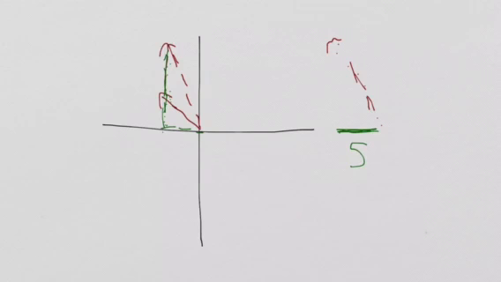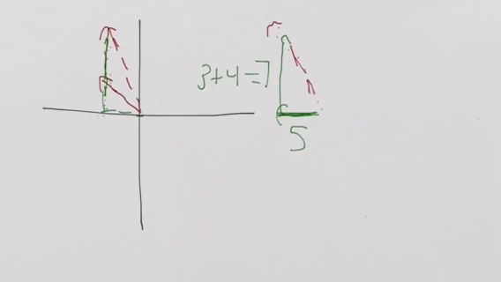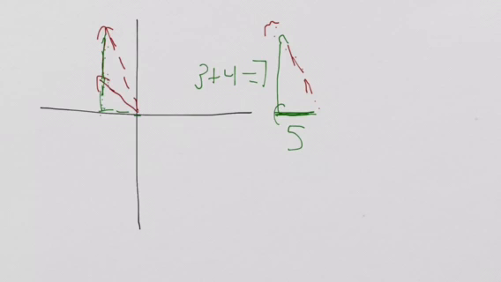And then vertically, it was 3, but we've added 4, so now it's going to be a total of 7, right? That's 3 plus 4. So then if we want to find the new magnitude, we have to do the Pythagorean theorem on this. So we're just going to do the square root of 5 squared plus 7 squared, which is going to give us about 8.6 meters per second. So that goes right there.